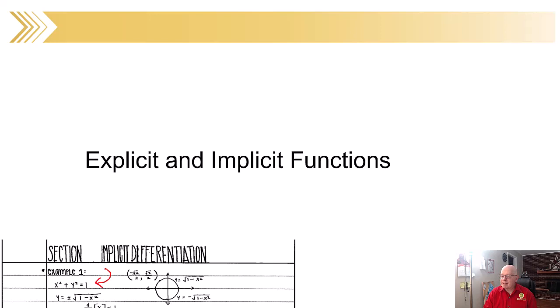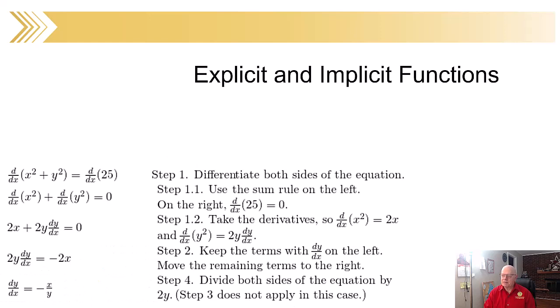That does not set it up for doing explicit differentiation, because it's not a function. What we've been differentiating are functions. This is not a function because if you pick an x, it gives you 2 y's instead of just 1. Not a function. We're going to get past that.